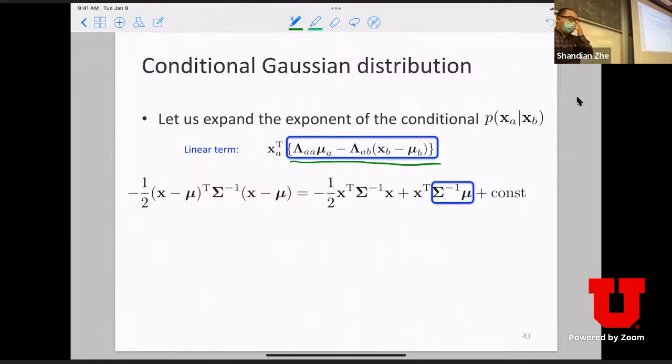Now, as we just mentioned, any Gaussian distribution is determined by a quadratic term and a linear term. We have already found the coefficients for these two terms, so we can use them to map back to the corresponding mean and covariance.